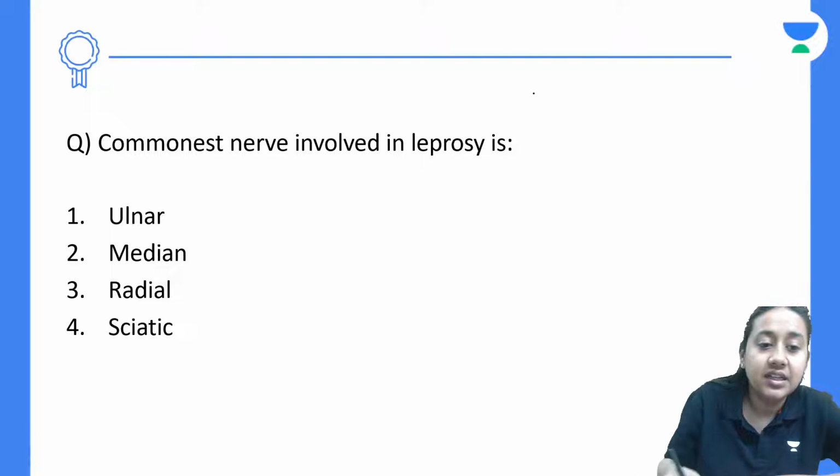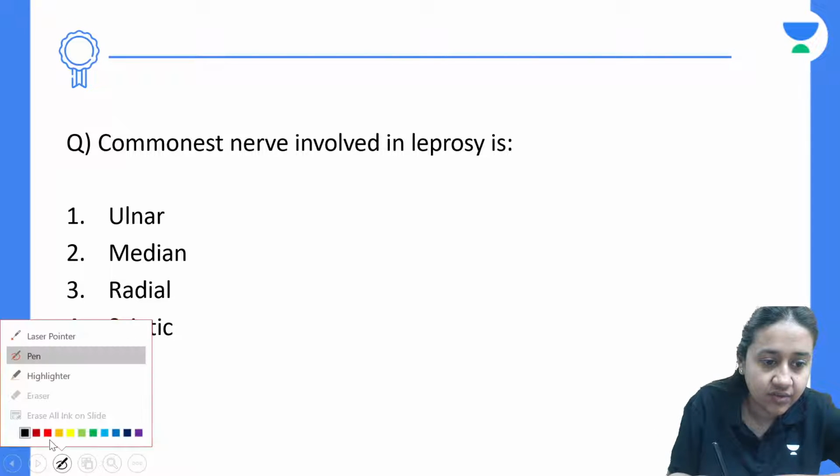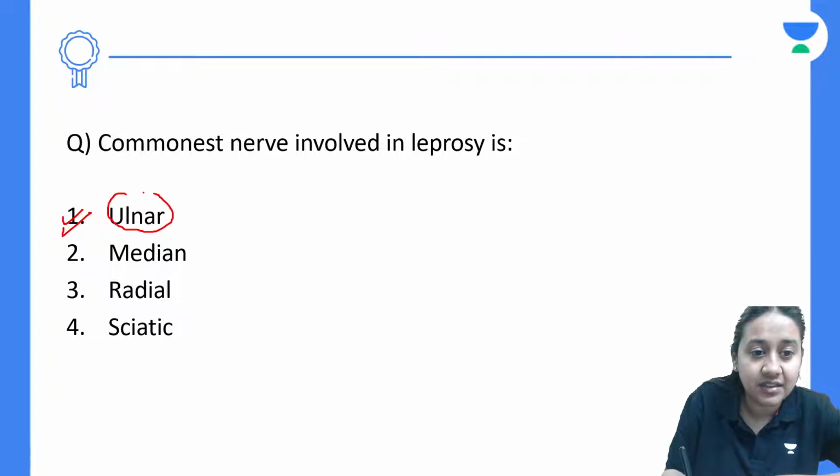Anyone? Amazing. The correct answer is option number 1. Please remember, ulnar nerve is the most common nerve involved in leprosy.